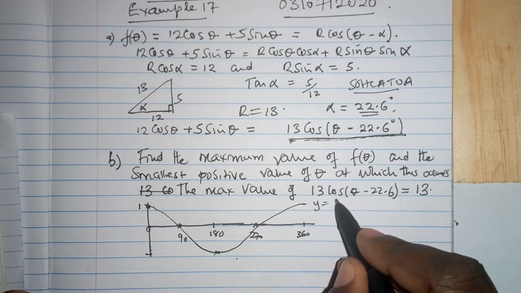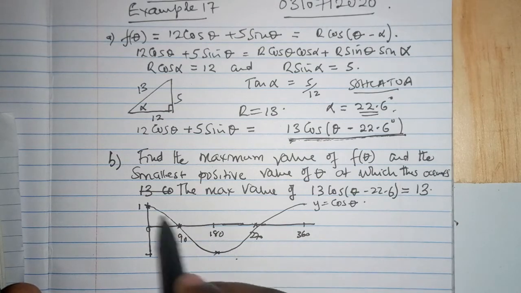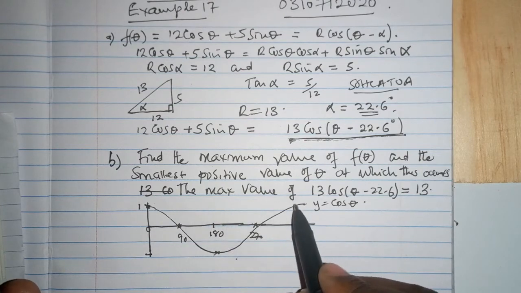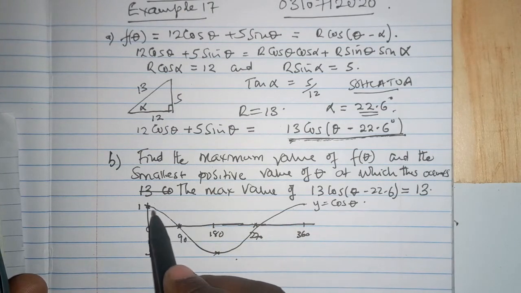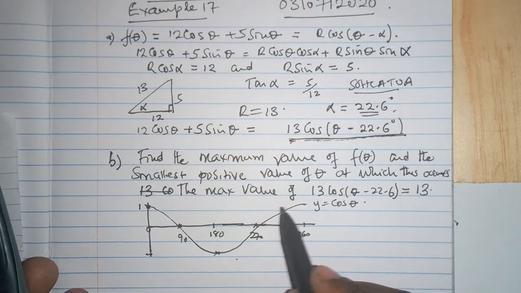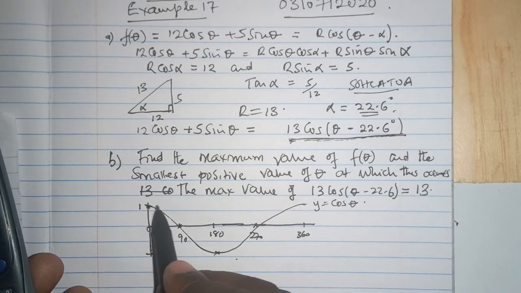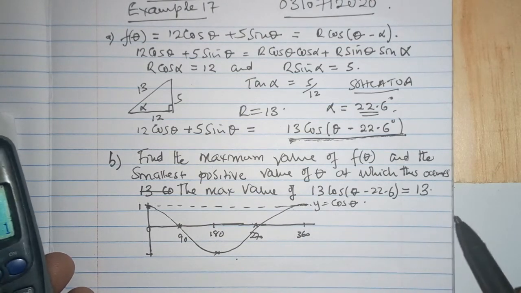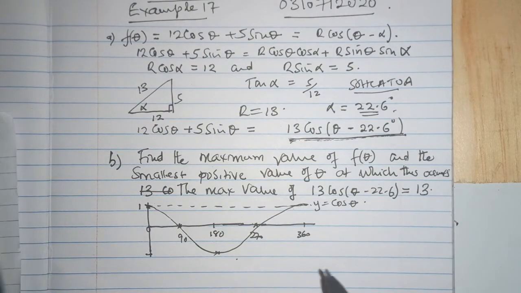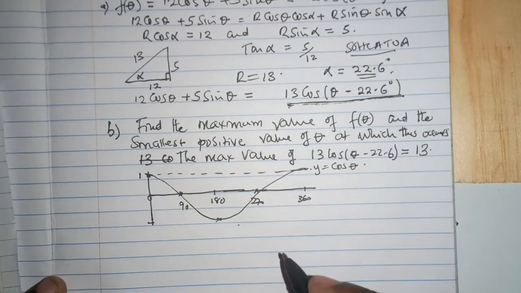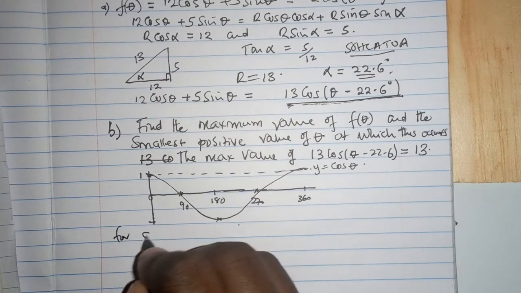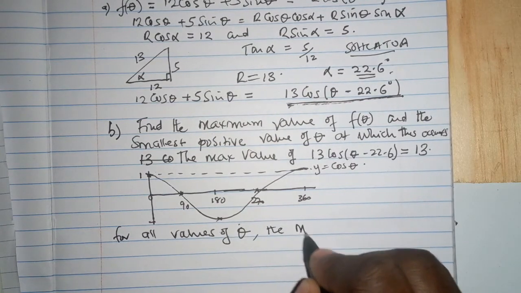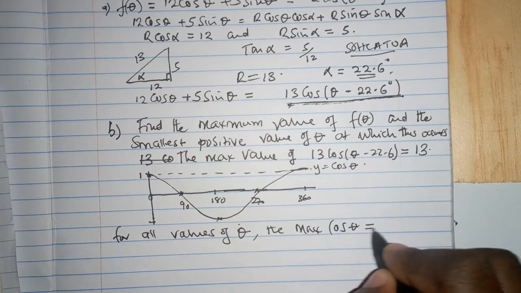This is y is equal to cos theta. You can see the maximum value of the cosine of anything is 1. Wherever you go, even if you produce this graph to wherever, for all values of theta, the maximum cosine of theta is always 1.